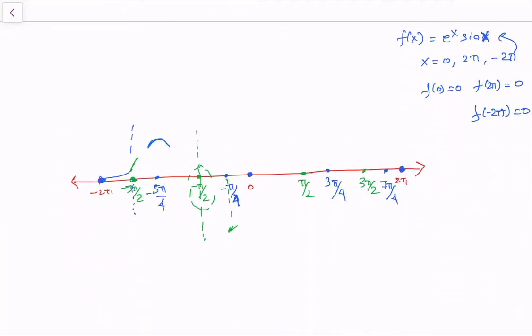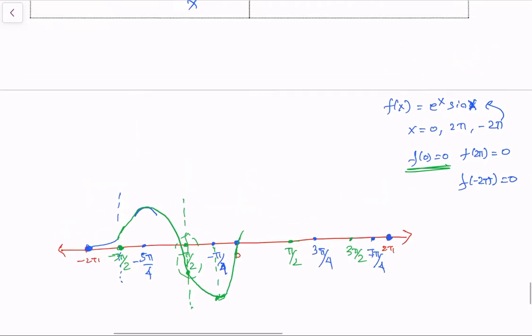So let's draw it a little bit more carefully. It's somewhat like this. Now, from negative pi by 2 onward, however, its convexity changes and it becomes convex. So it becomes like this. Okay. And of course, f of 0 is 0.